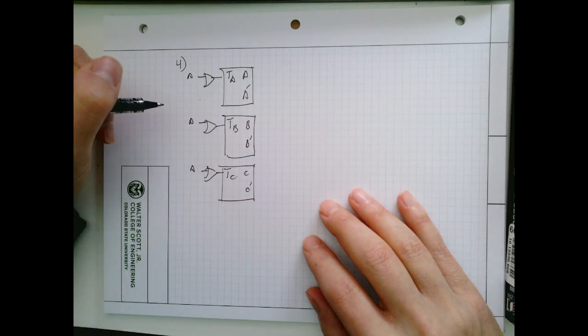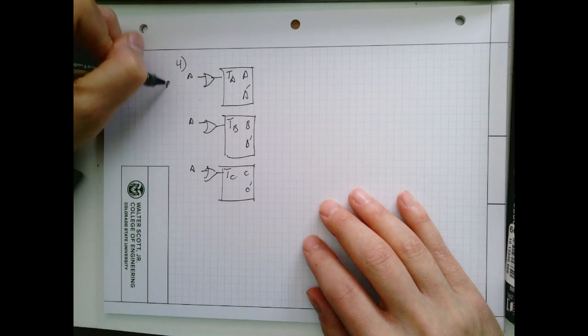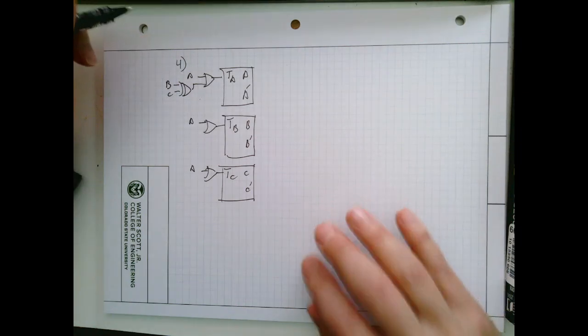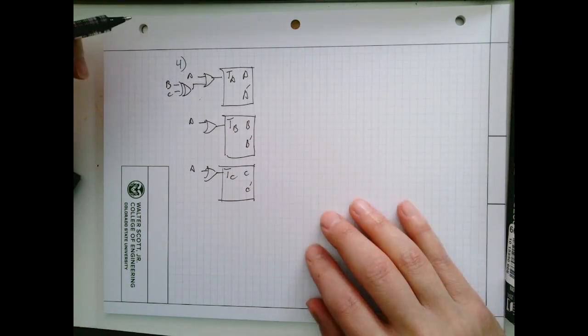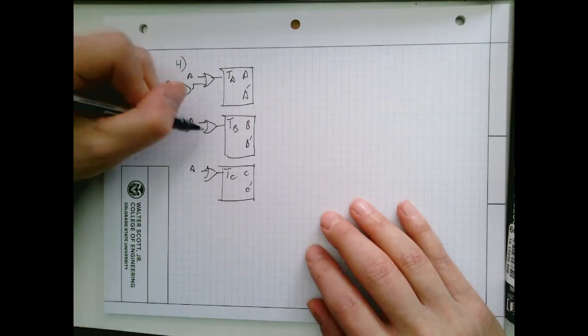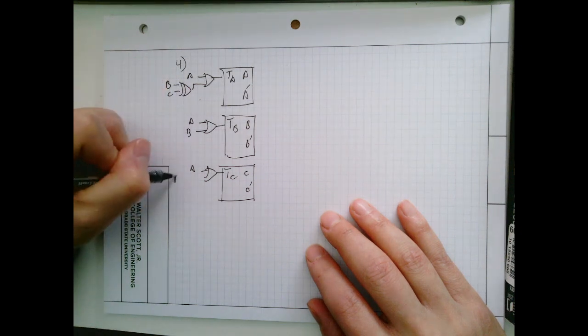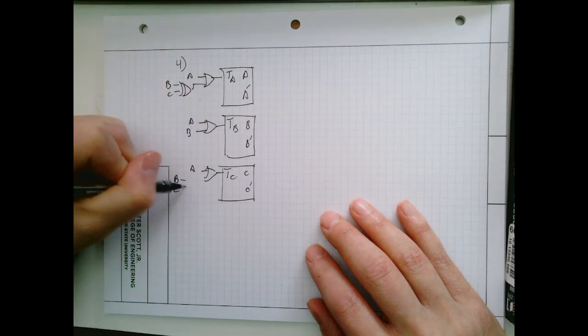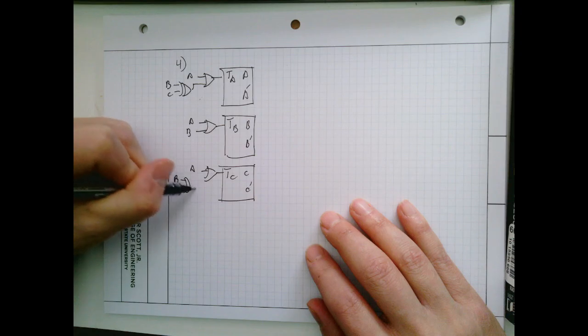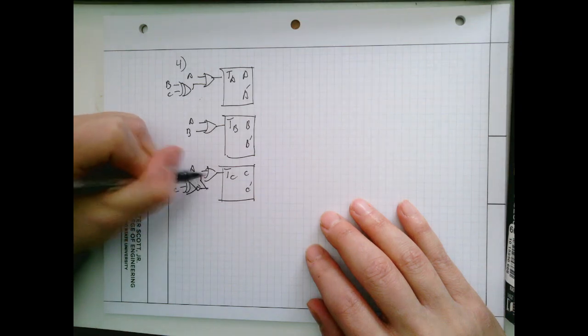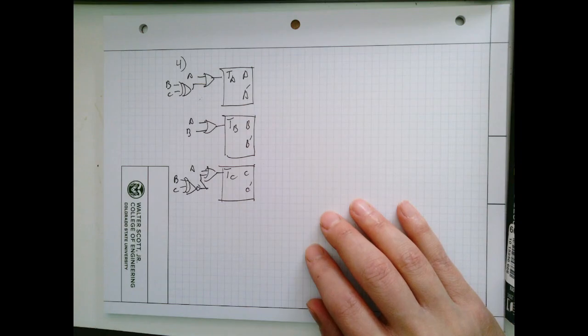And B exclusive OR C goes on the other side. B goes in here, and B exclusive NOR C goes in there.